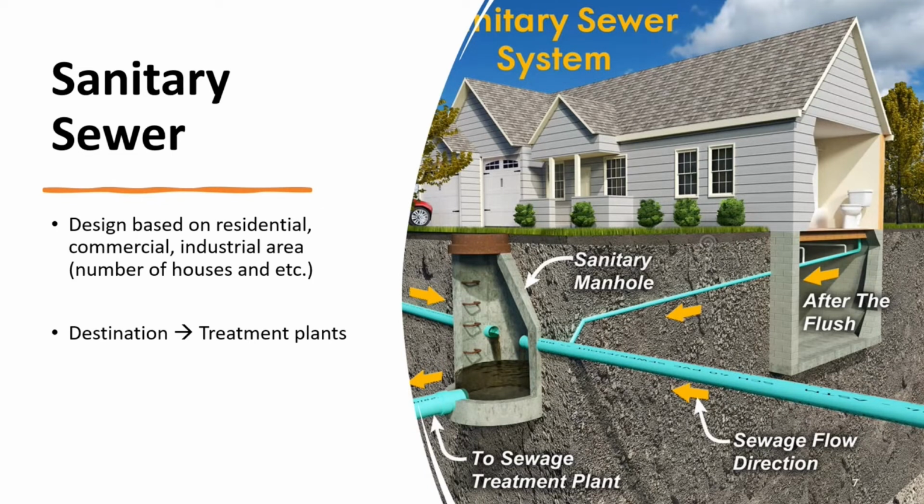We normally take them to the treatment plants to be treated, and then we can either reuse it or dump it into a river. And also the design of them is not based on the storm events. It is based on the residential area or the commercial or the industrial area.